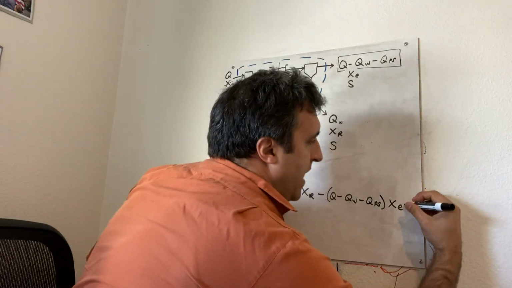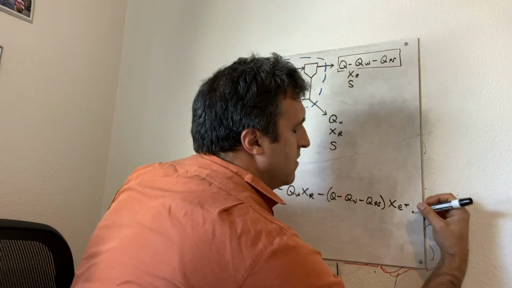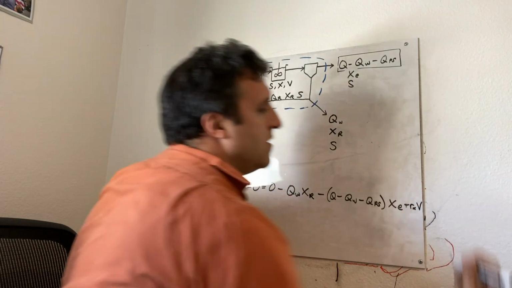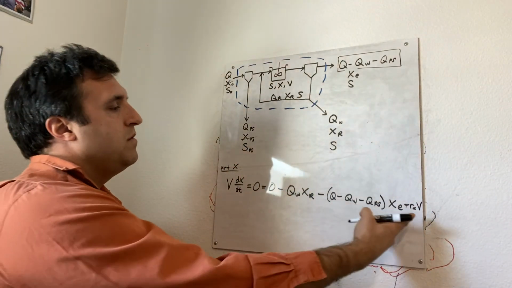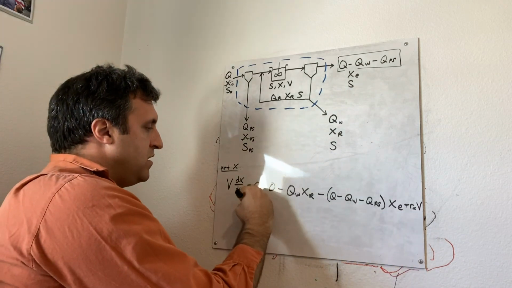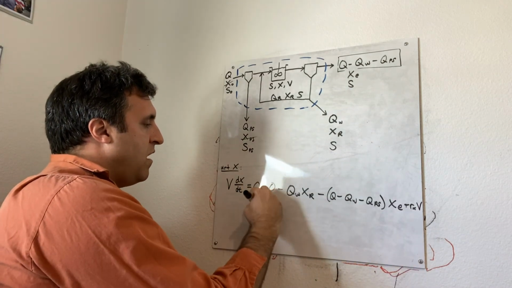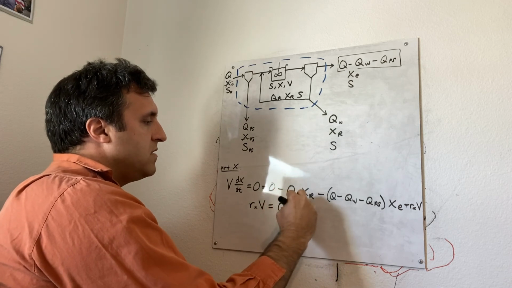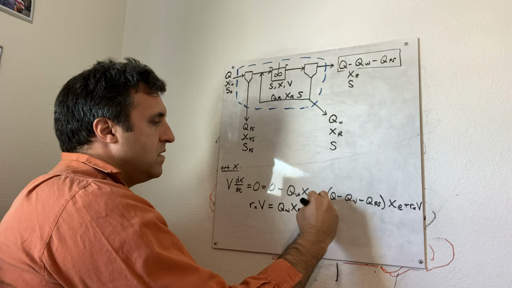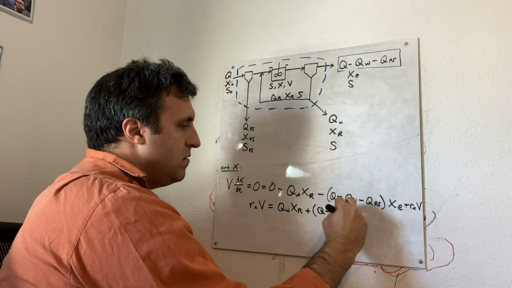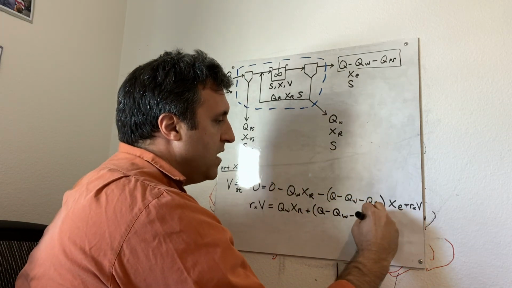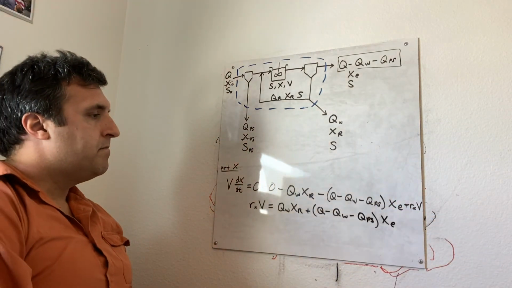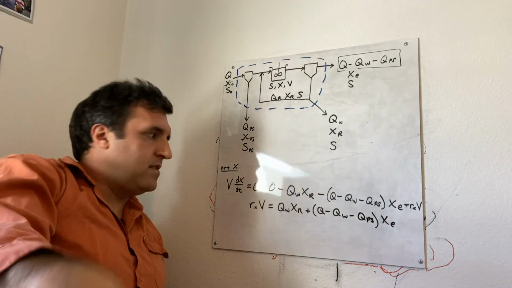And then we need to add the growth rate, which is Rx times V. So if we rearrange and simplify this equation, it looks very similar to the way it did before. Rx times V is equal to QW XR plus (Q minus QW minus QPS) times XE. All right, so that's with respect to X.